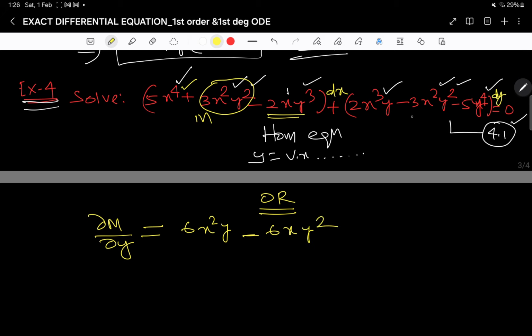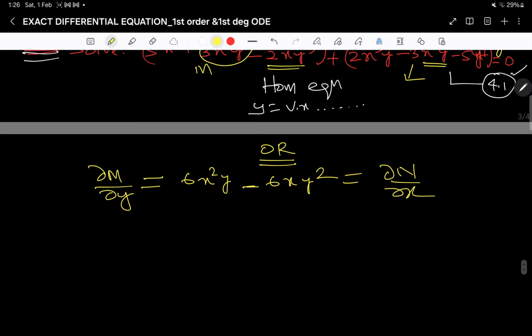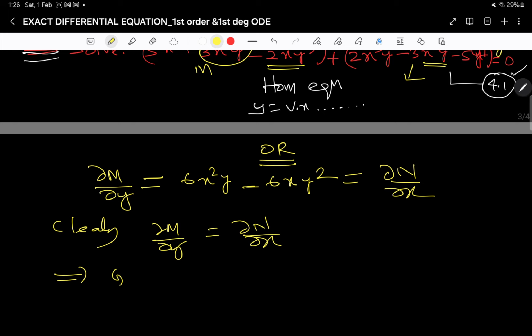And again you find del N by del x, it is also 6x square y minus 6xy square. So once it is exact, then it is quite easy. Clearly del M by del y is del N by del x, so that means the given equation 4.1 is exact.